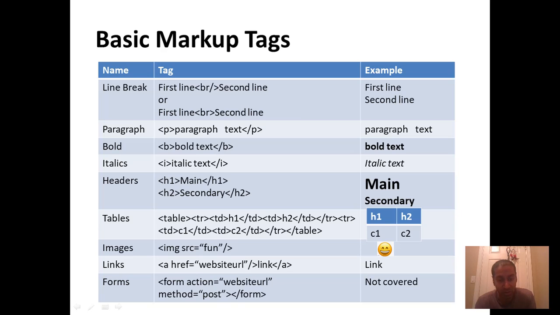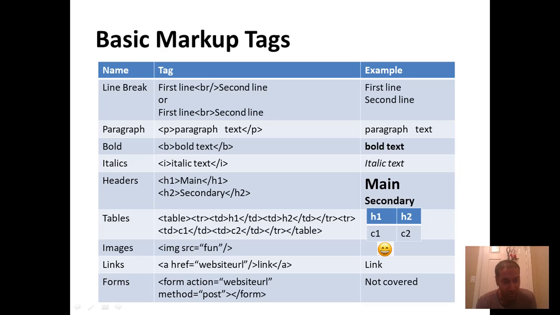So if you're using your Chrome browser and you look at the URL that you usually put in there, sometimes you can have it pointing to an image, and in this case, if you were to replace the fun with an actual image, it would display the image that you were pointing to in your browser.